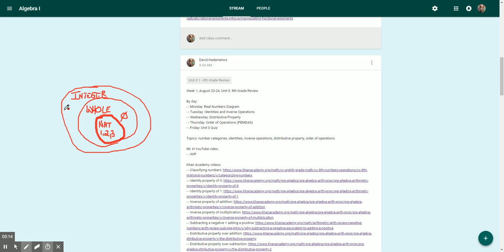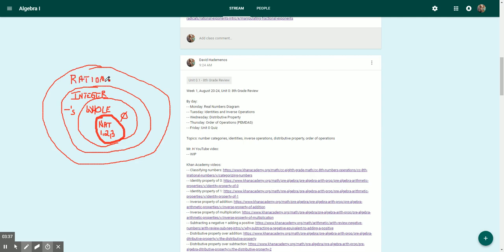So these are going to include your negatives. Okay. But not between those numbers. So no -2.5, no +2.5. Those we see when we get to the rational numbers.